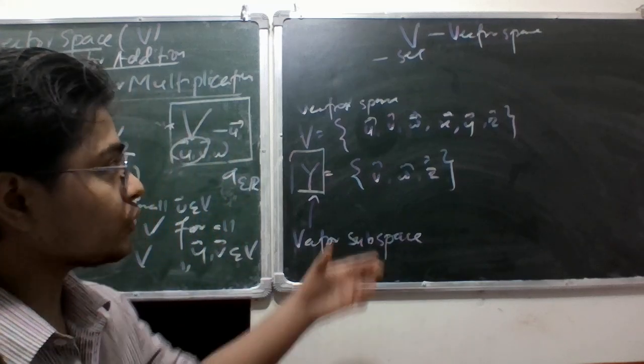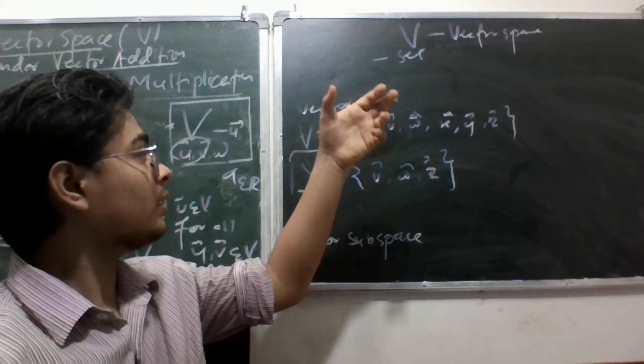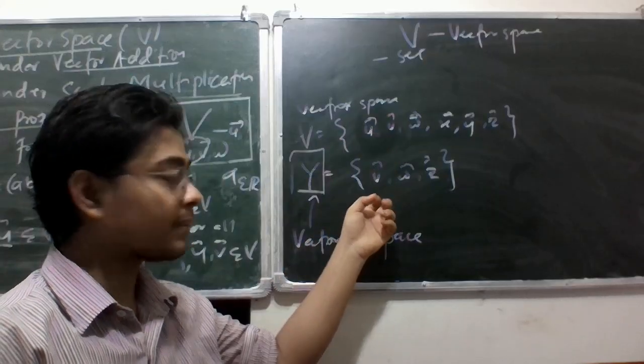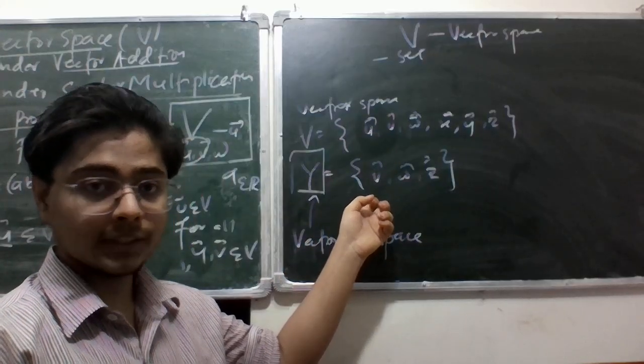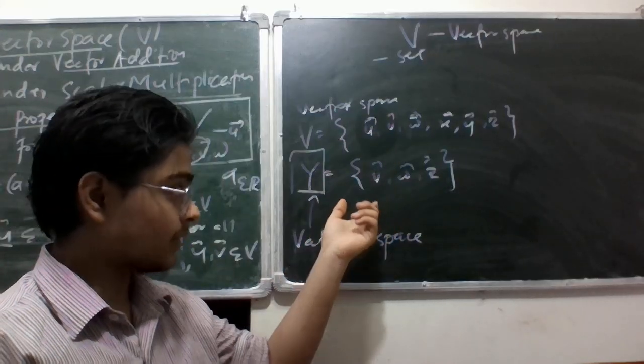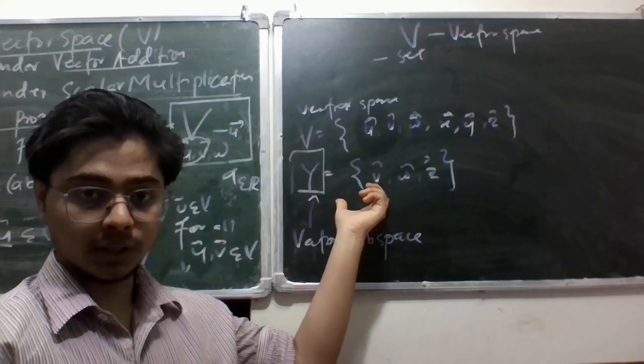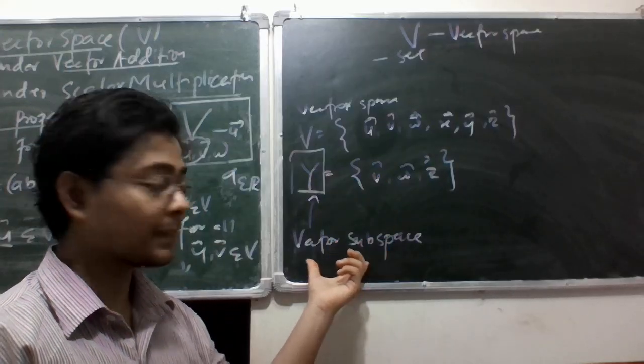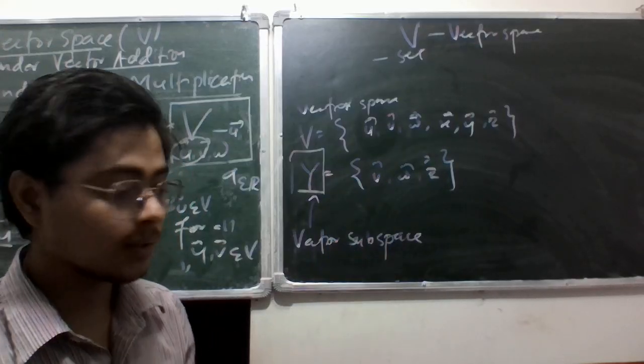Whenever we have a vector space and we take a subset of it, that subset is called a vector subspace.